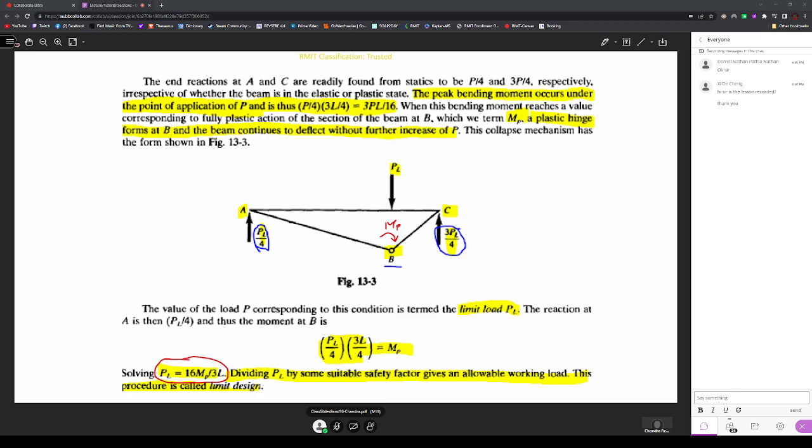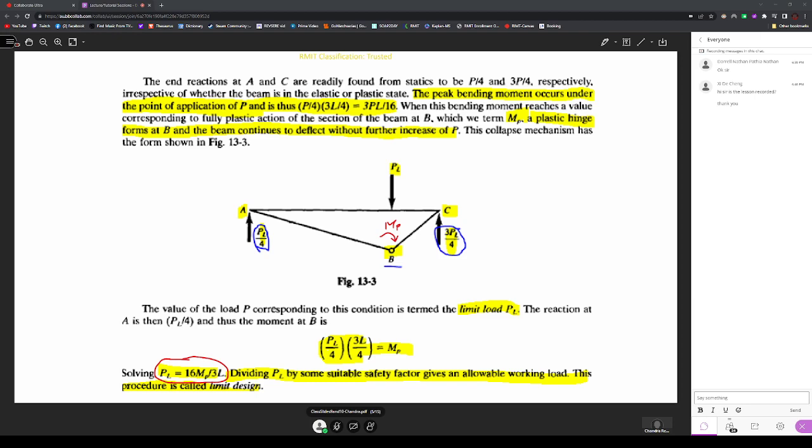So when this load becomes PL, you can see the reactionary loads are also represented with PL. They are no longer P because the load increased to the plastic load. So here at A and C, the reactionary forces are also PL, the plastic loads.